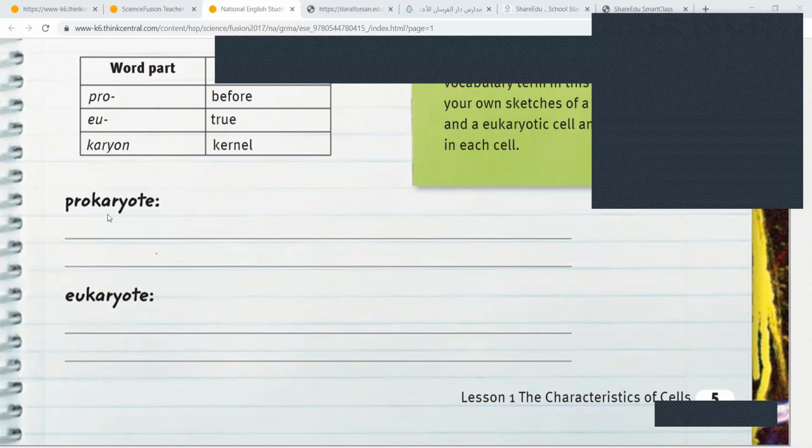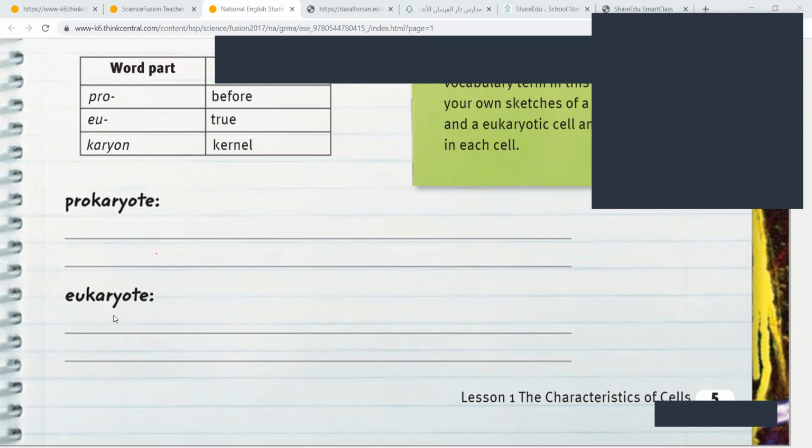All right, prokaryote means, any idea? Prokaryote, what does it mean? How many cells does a prokaryote have? Many cells? Malak, you can say. A single cell.